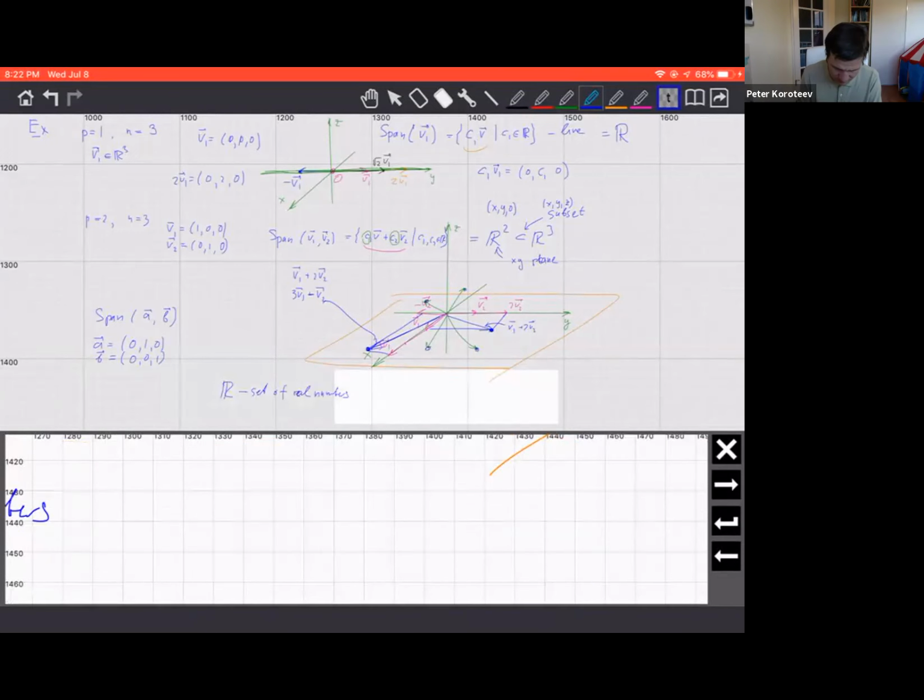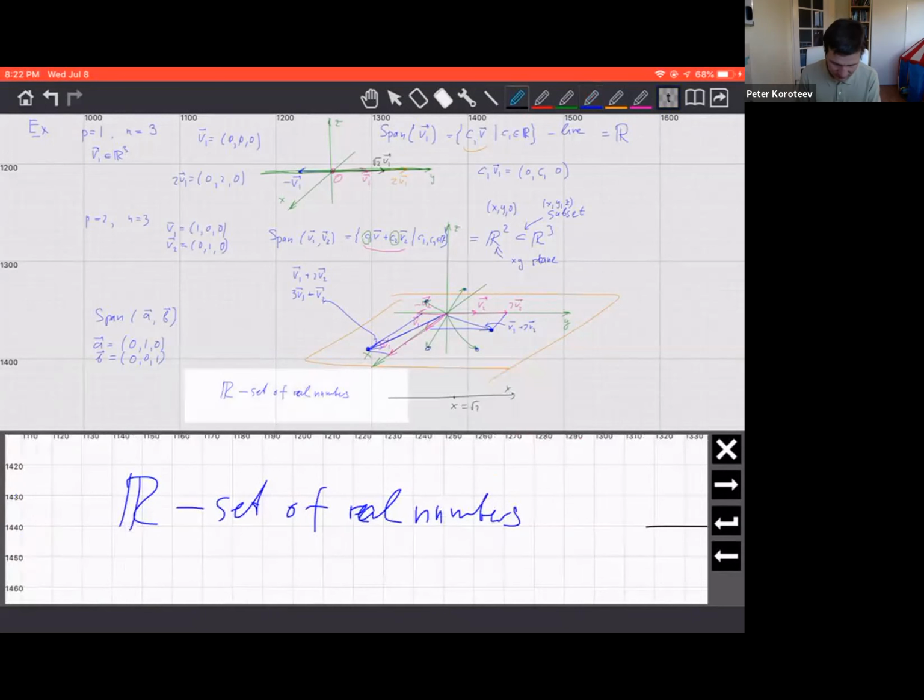Right, so which you can write as a line. Right, so this is x line. So you have a point x. It's an element. It's a real number. Right, for example, x equals square root of 2. So it's a set of real numbers. R squared, which is the same as R times R, right?